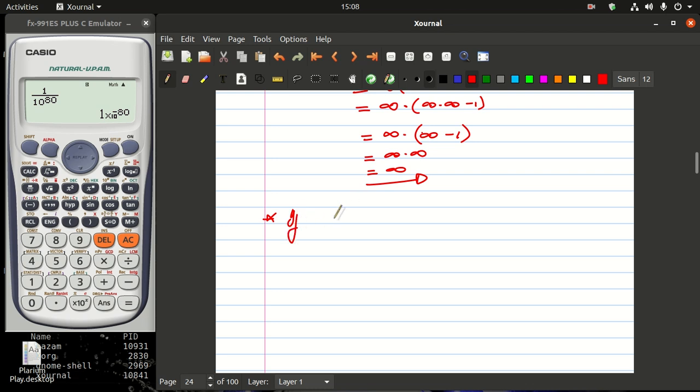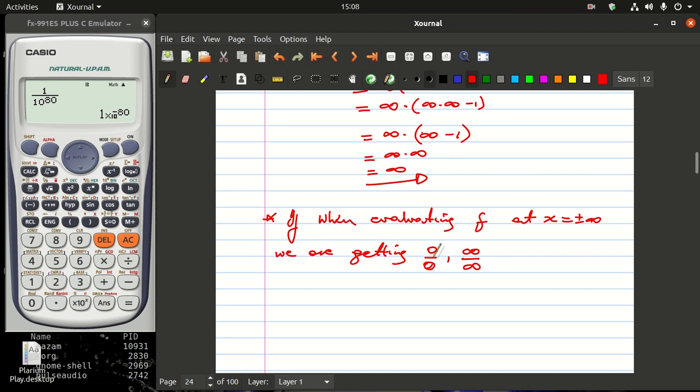When evaluating f at x equal to either plus or minus infinity, we are getting zero over 0, or we are getting infinity over infinity, right?